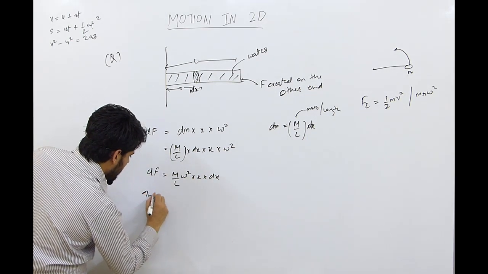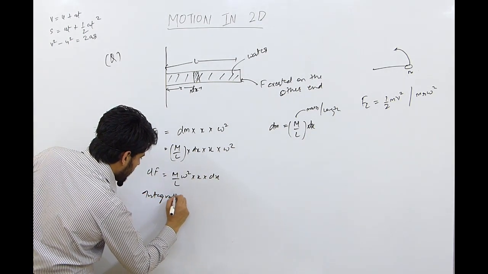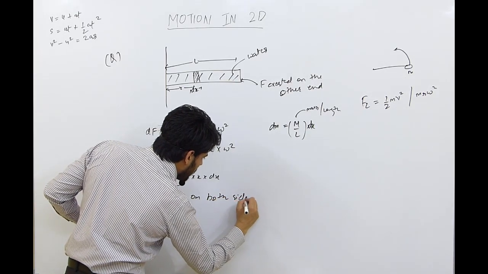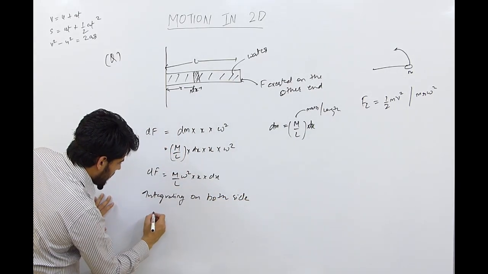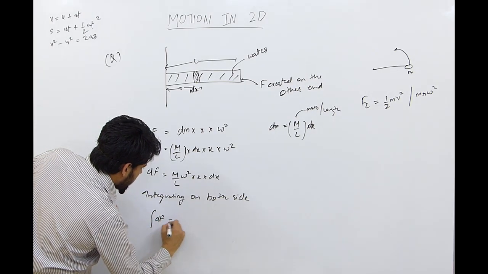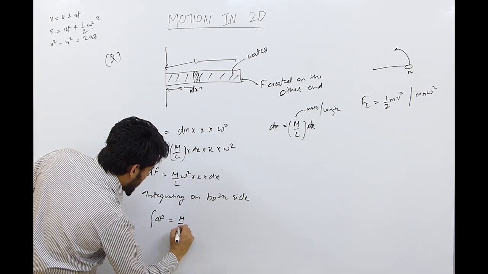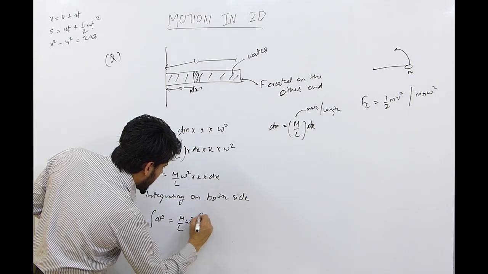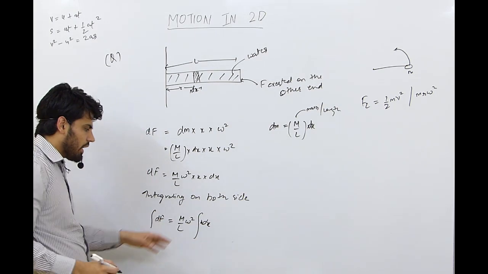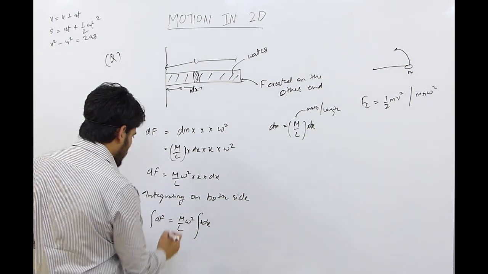Integrating on both sides, we get the integral of df equals m by l omega square times the integral of x dx. If we integrate x dx, it comes out to be x square by 2.